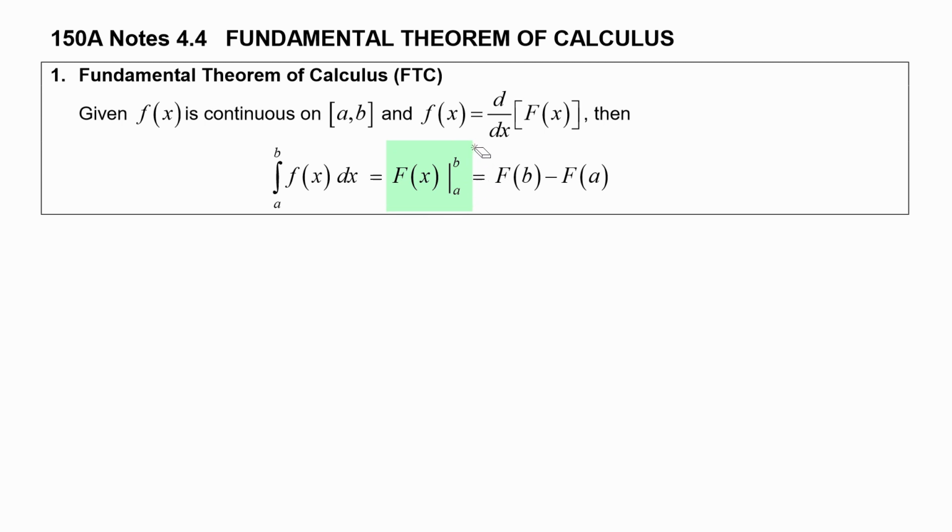And what this notation means is you evaluate F at b and then subtract evaluating F at a.